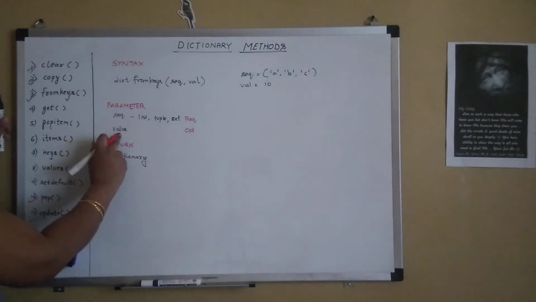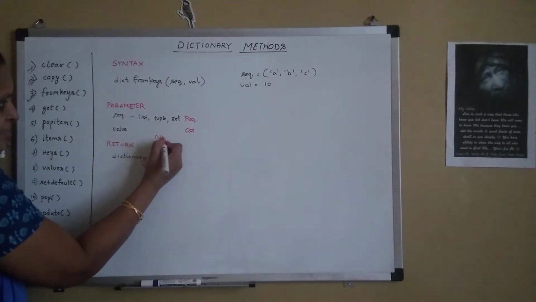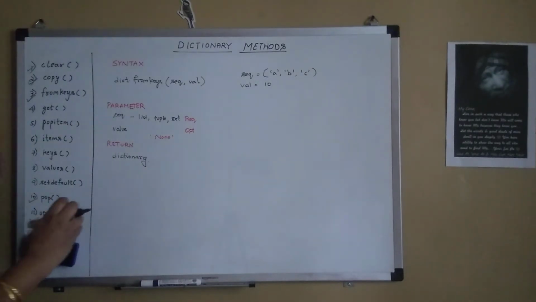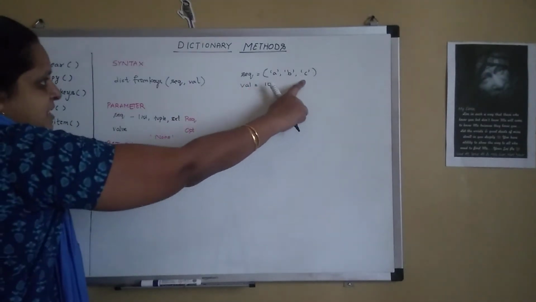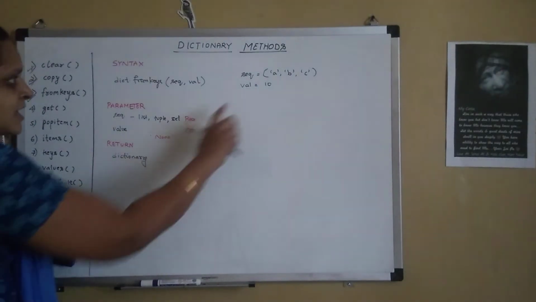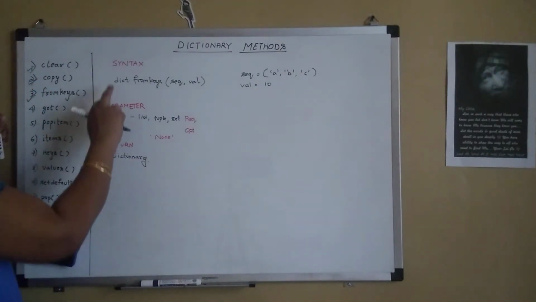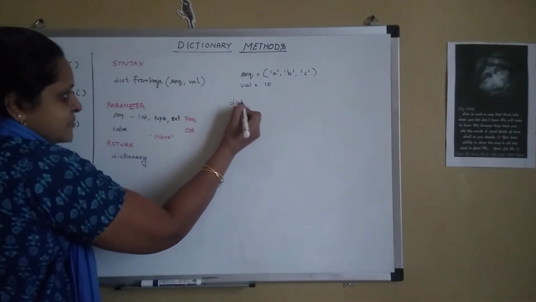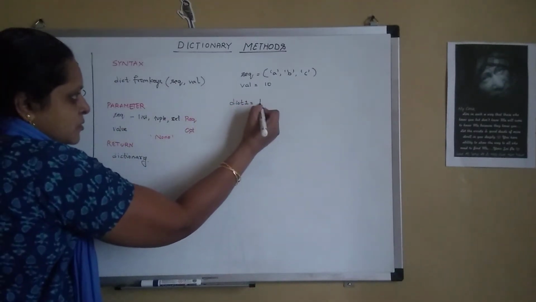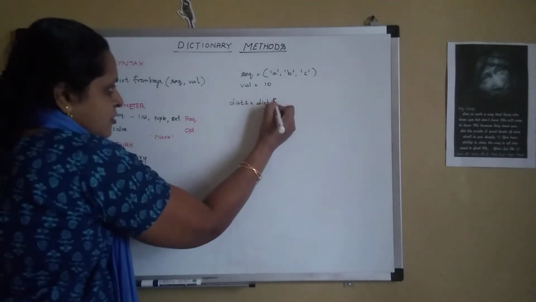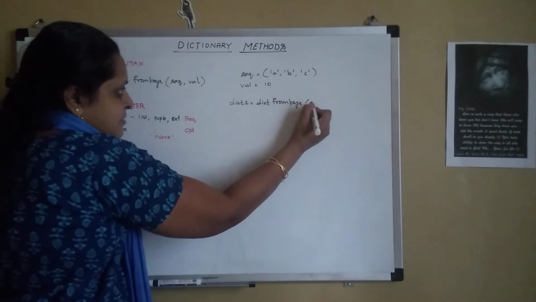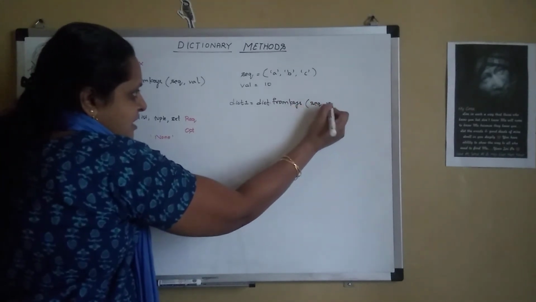If we don't give any value, then by default it will take None as the value. So suppose my sequence is A, B, C. Those are the keys and value is 10. And when we pass it to fromkeys, I say dict1 equal to dict.fromkeys(sequence, value).